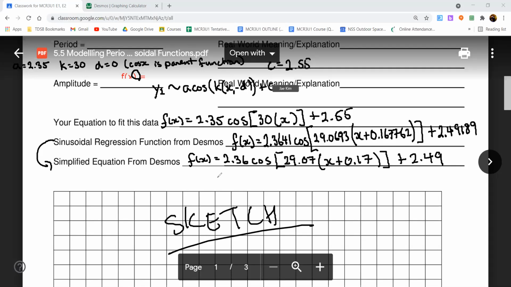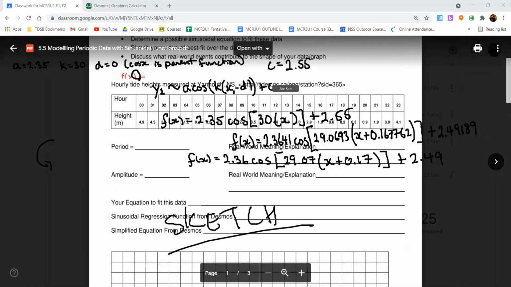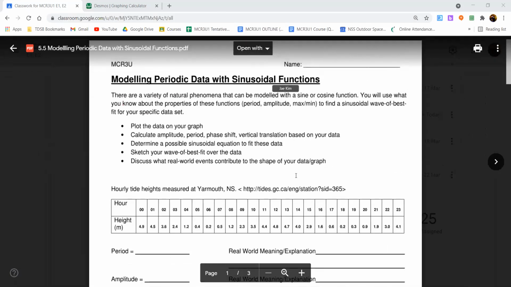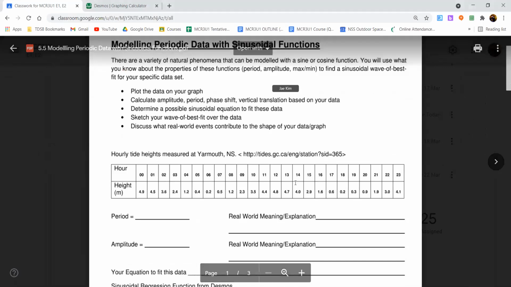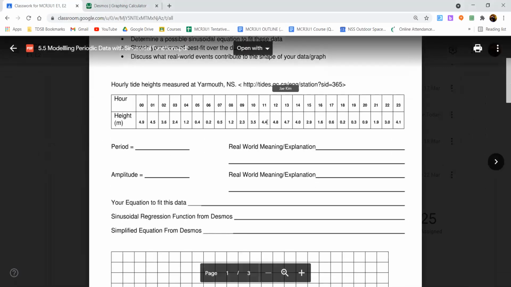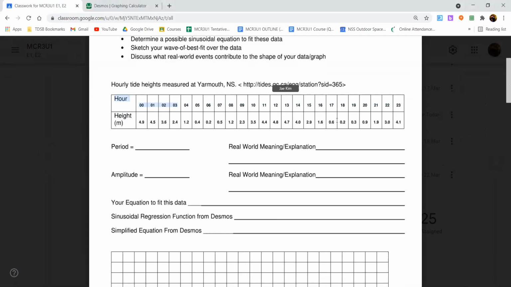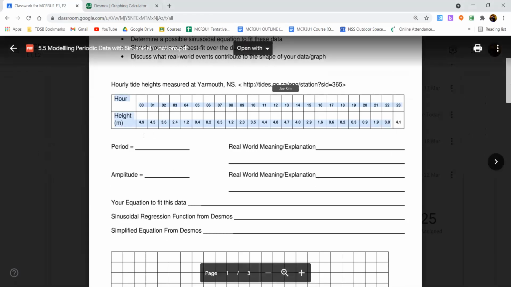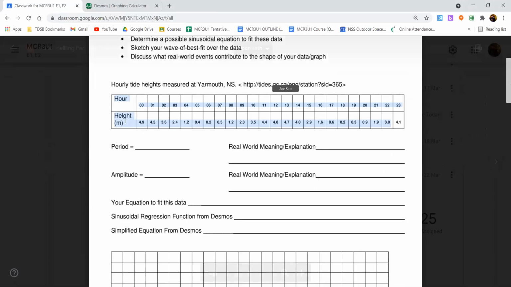Okay, so that's essentially it. Once again, just zooming out, I would like you to go through the data, plug in the data from the sheet on the back, and then find the curve, set the parameters so that you get it in degrees.